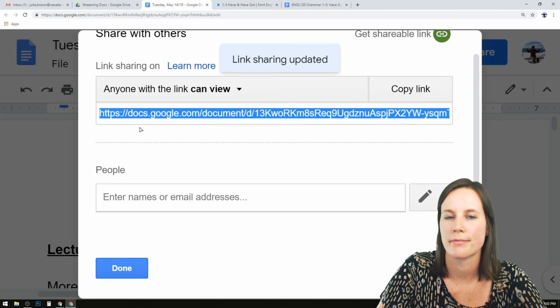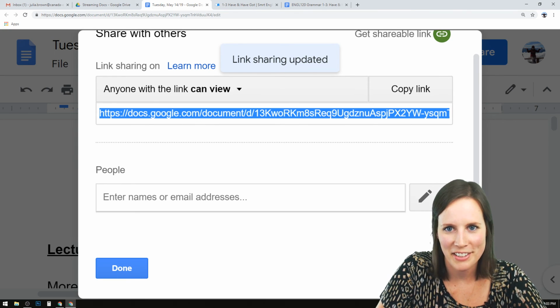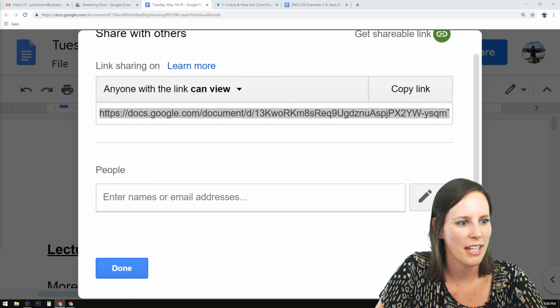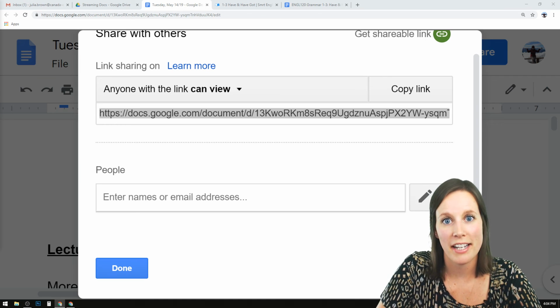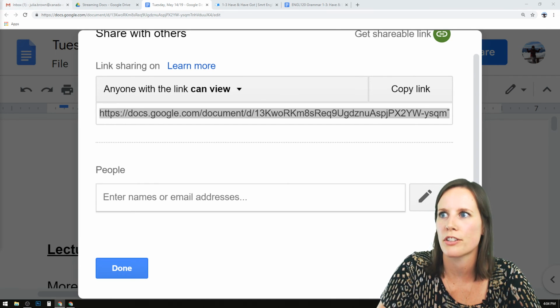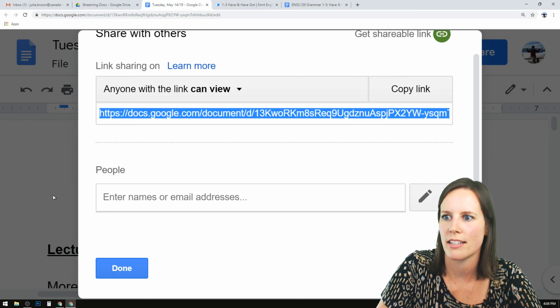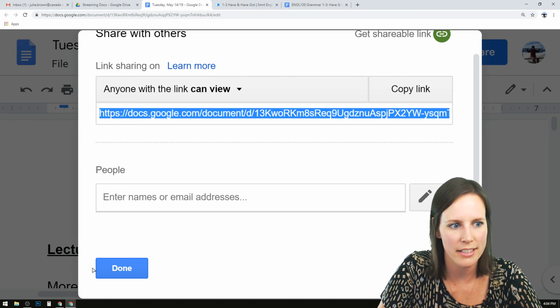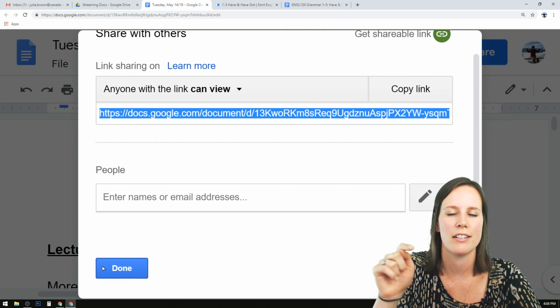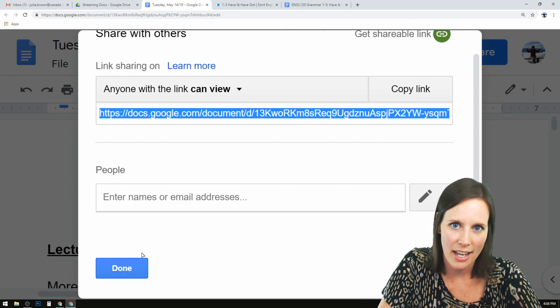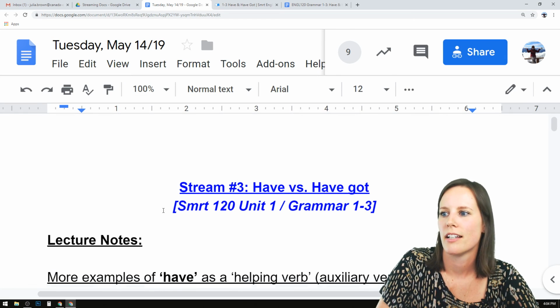Copy. I'll get better at the technology as the weeks go on. And paste. Okay, everyone, so I have put the document of the lecture notes in the chat, okay? You should be able to open it and file, make a copy. Then you can edit it as you would like.